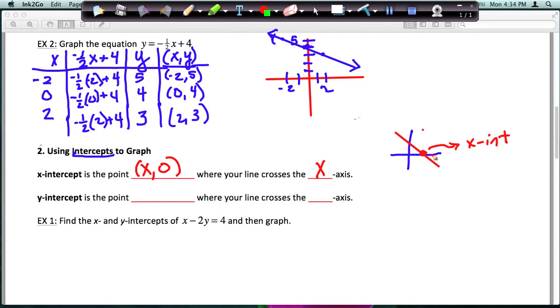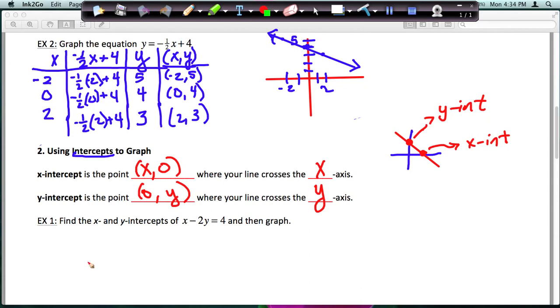So the y-intercept is the point 0 comma y, or where your line crosses the y-axis. So that would be this point right here. That is the y-intercept. And you can see why x is 0 because you haven't moved right or left any.